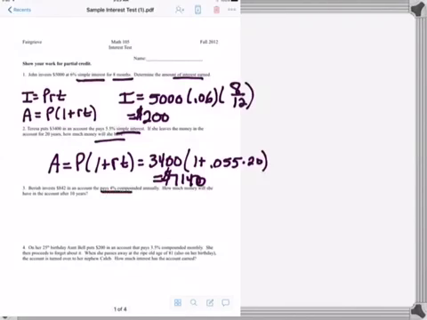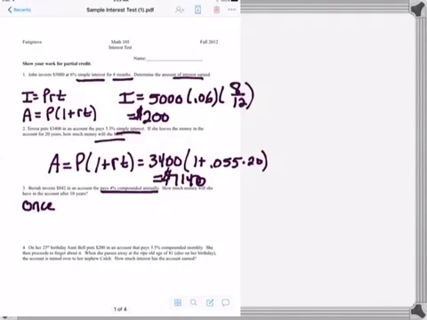But compounded can also be used in our annuities as well as our compound interest. The key idea here is that this money is being put in once. It's a one-time deposit.